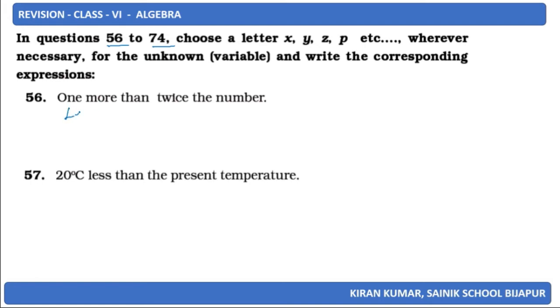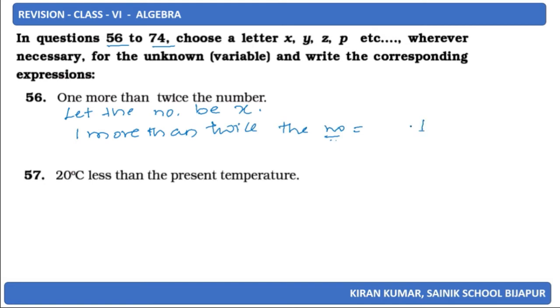Let me consider the number to be x. 1 more than twice the number will be equal to 1 added to twice the number, 2x.